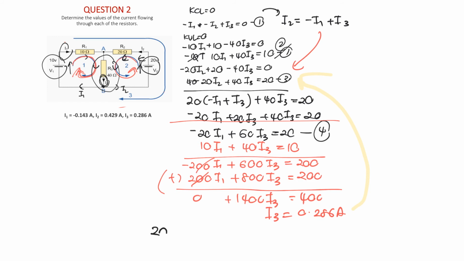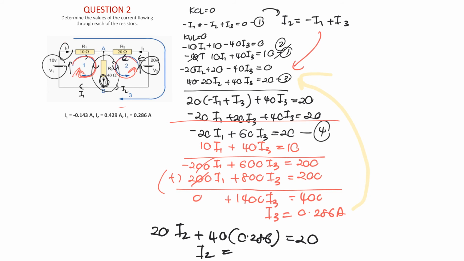I get 20 I2 plus 40 times 0.286 equals 20. So I2 is 20 minus that answer, divided by 20. So I'm going to get 0.428, and I also get positive.